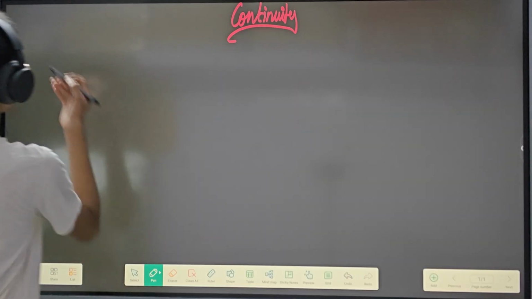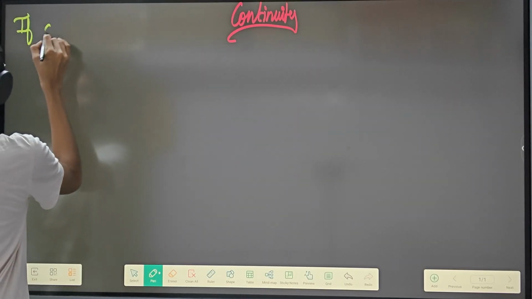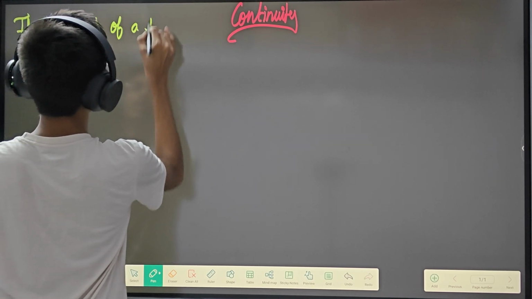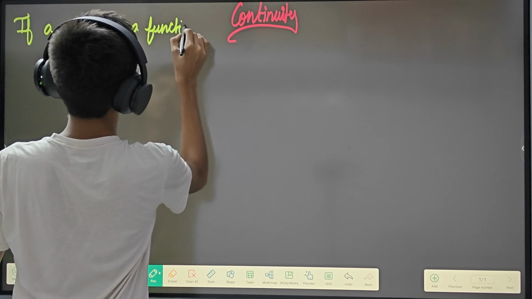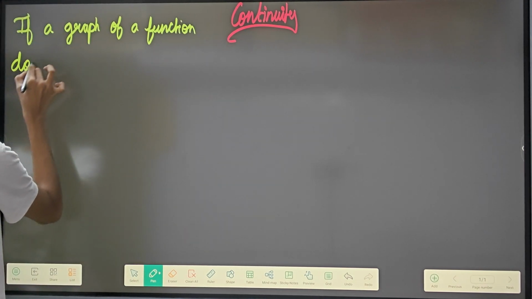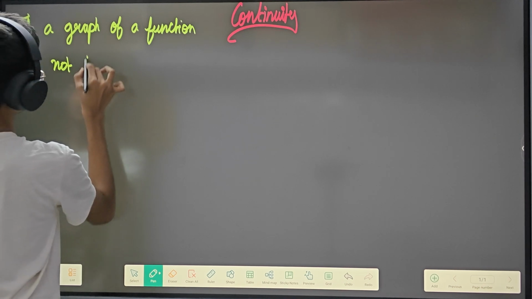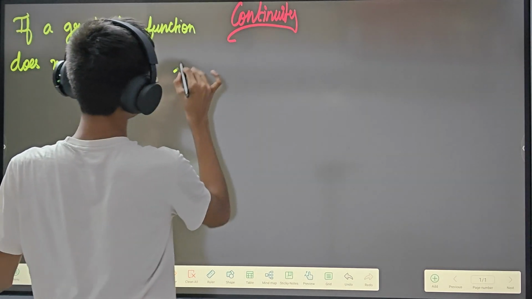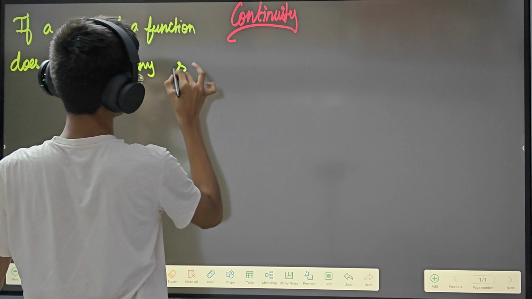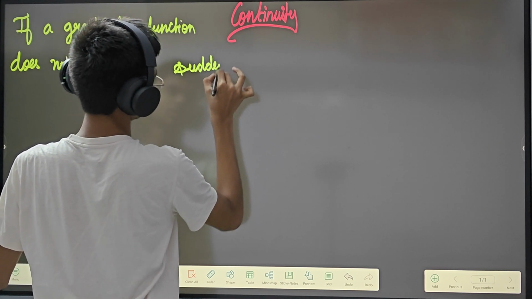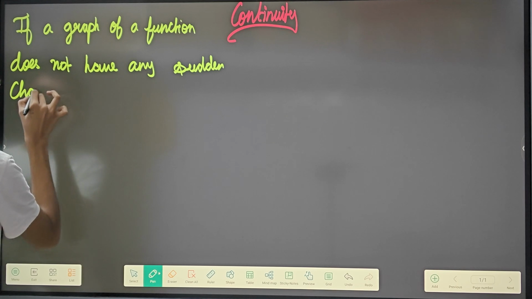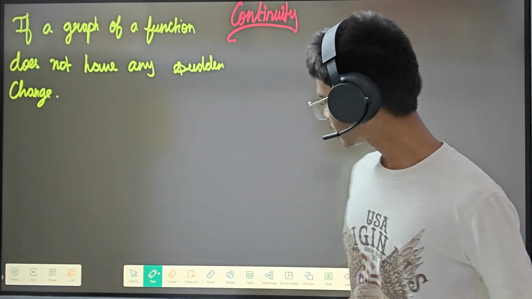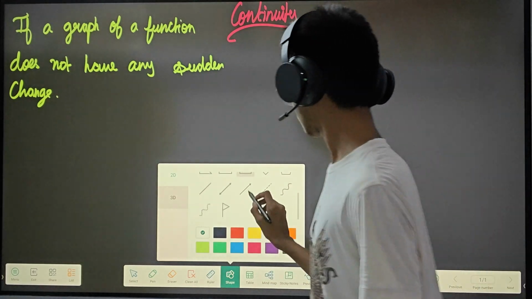Okay, if a graph of a function does not have any sudden change, or abrupt also you can use, okay, any sudden change, then it is known as a continuous function. See, in terms of our general English, we will discuss.